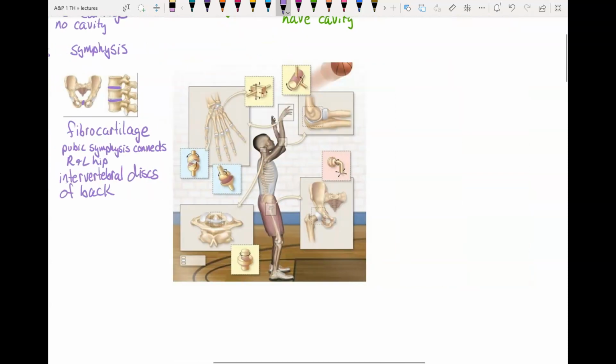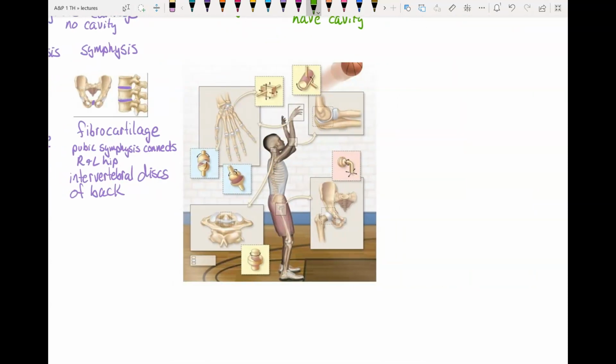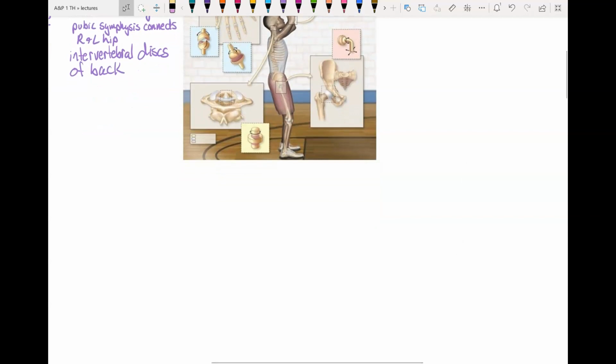Then we can go to synovial, and we'll look at all the types of synovial joints. There's a lot of types here, so we're going to make another chart underneath this picture. Synovial joints can be split out based on how many directions or planes of movement they allow. So we're going to have uniaxial.